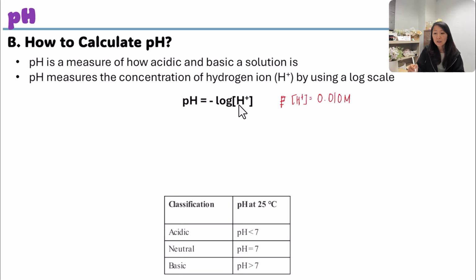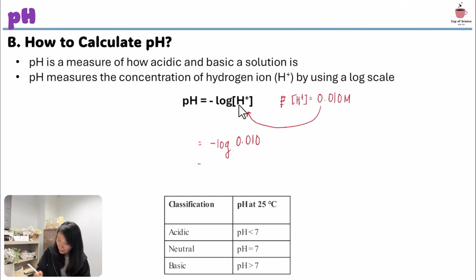Now that we know the concentration of the H plus, we can plug that in here. So pH equals the negative log of 0.010. Let's see what you get on your calculator.